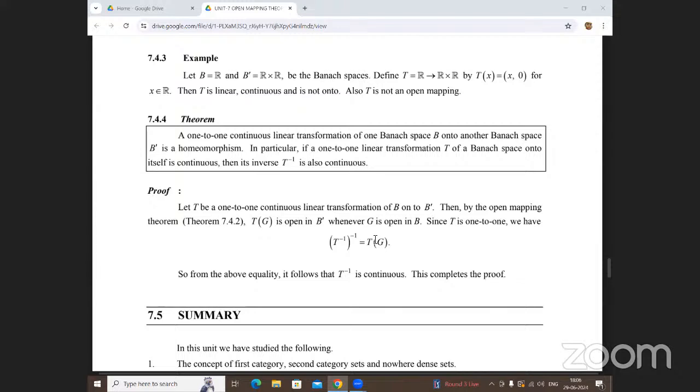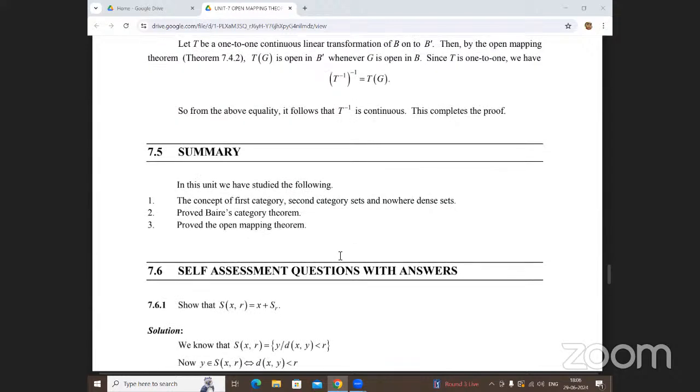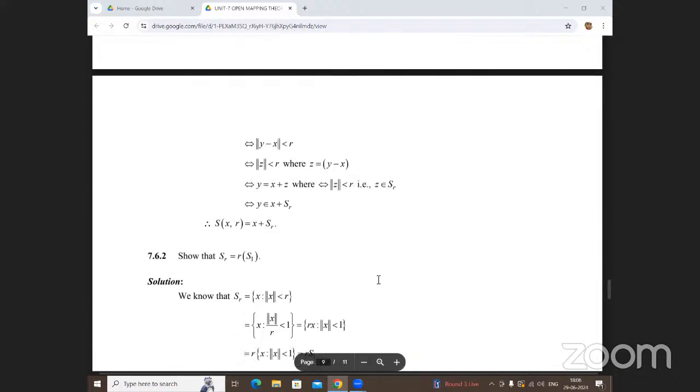In the above inequality, T inverse is also continuous, because the inverse transformation is continuous by the above lemma. Okay, so this is the end of this unit.